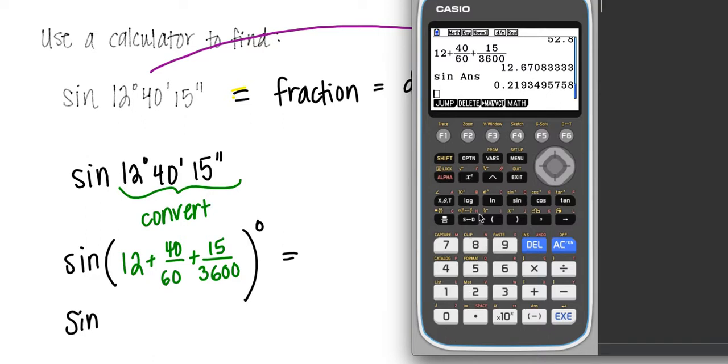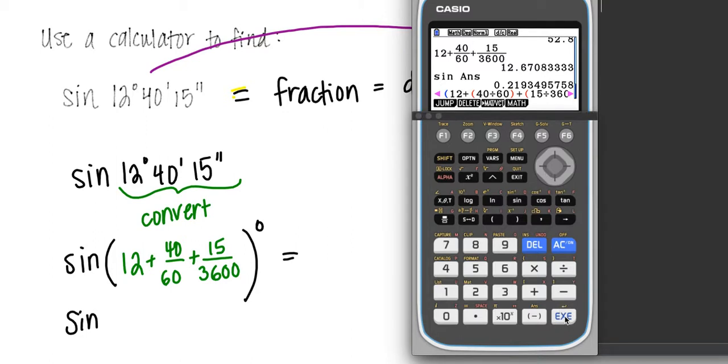If I don't have the ability to do that, I'm just going to put sine and then in parentheses 12 plus, and then if I don't have the fraction bar, I can just put 40 divided by 60 in parentheses plus 15 divided by 3600 in parentheses. Just make sure that you've got all of your calculations in bigger parentheses.